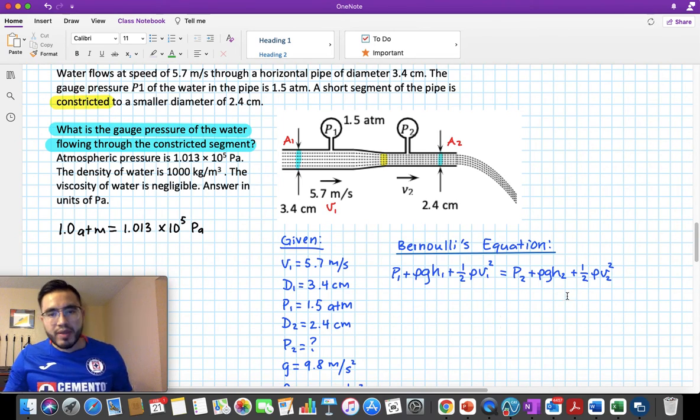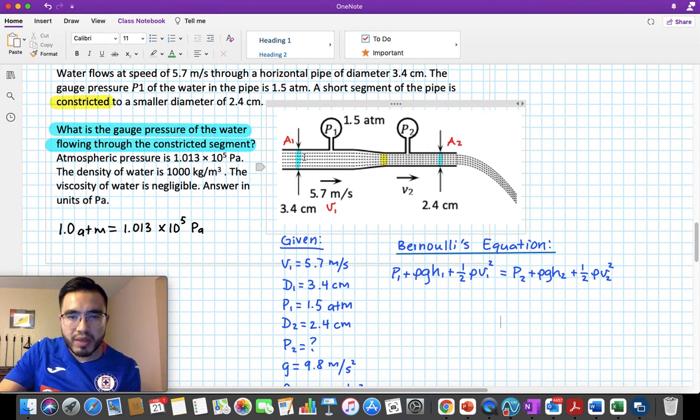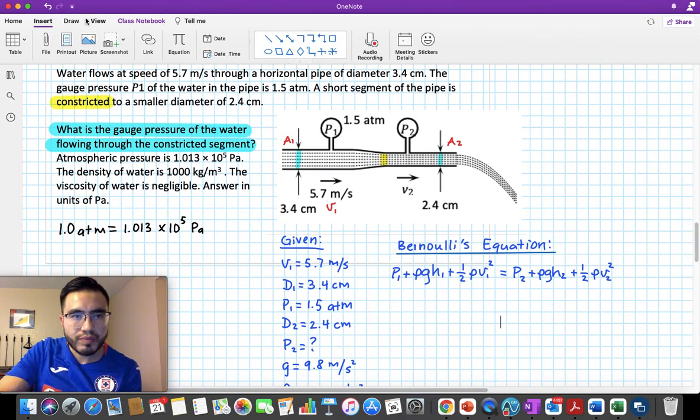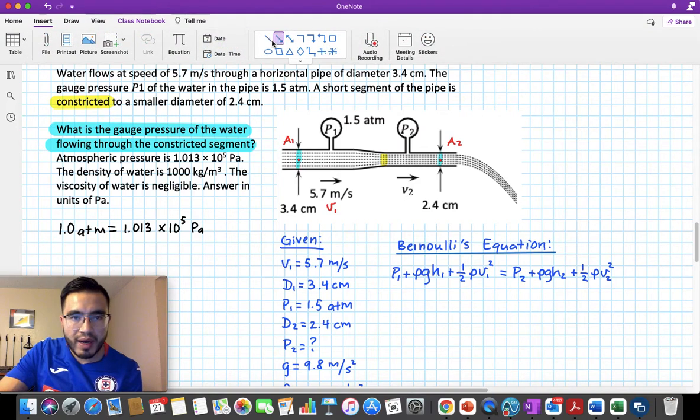Okay, we have different velocities. Yeah, that's true. Let's talk about the height. Well, if we take this point and this point, guess what? You have equal heights.